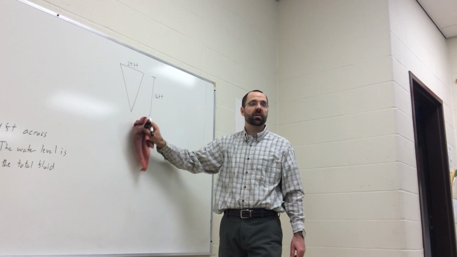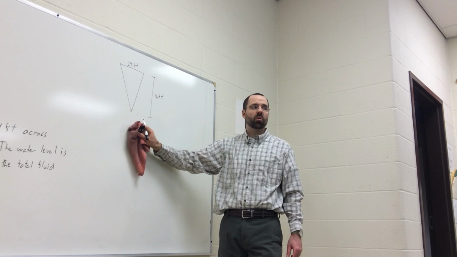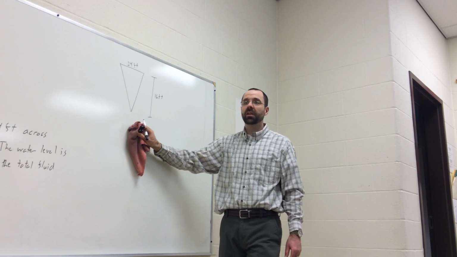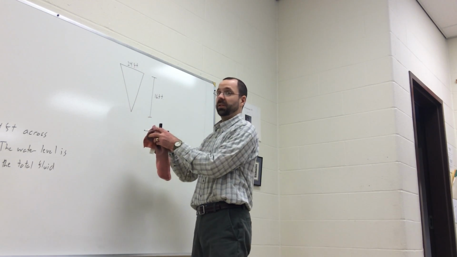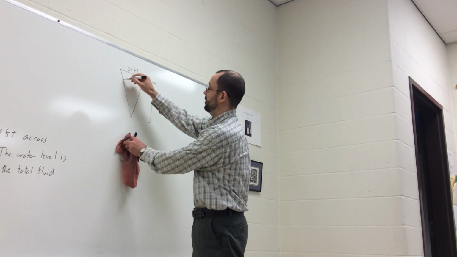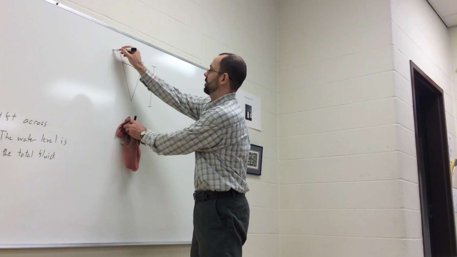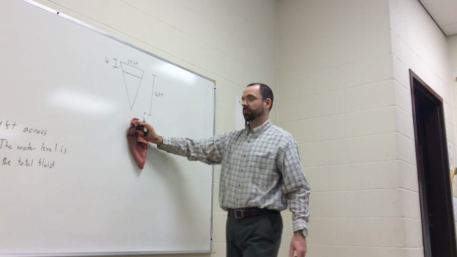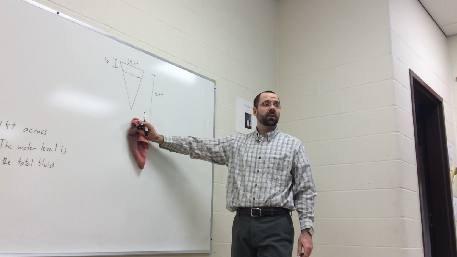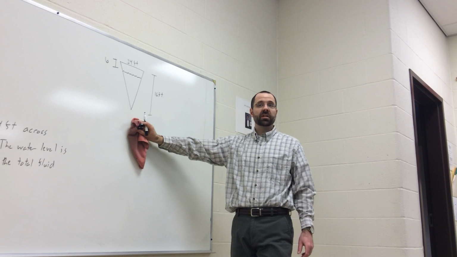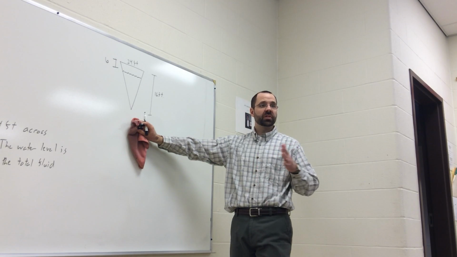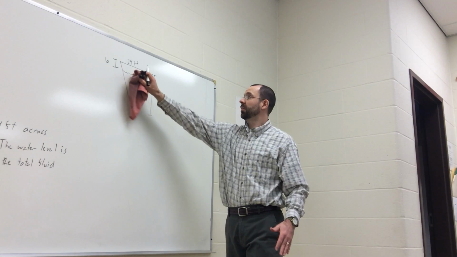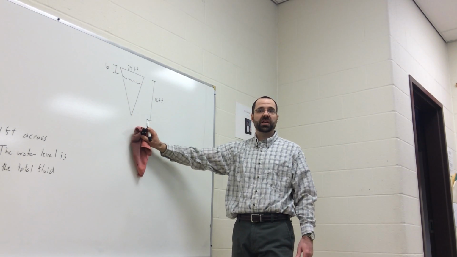So it's concrete or something, holding back a bunch of water. And the water level doesn't go to the very top. The water level is like here, 6 feet below the top. And what we need to figure out is how many pounds of force is being exerted on this dam on the front of it.